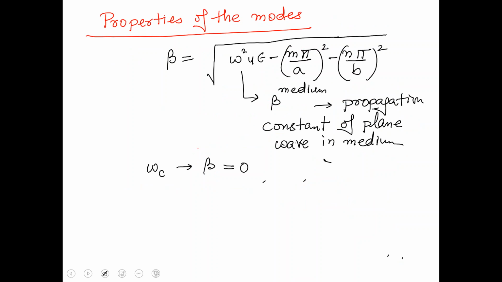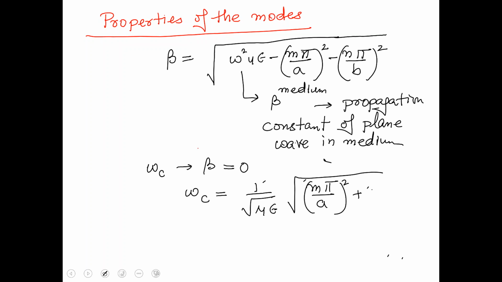So beta is equal to 0 at that point, and we know omega c is going to be given by 1 by square root of mu epsilon times square root of m pi by a square plus n pi by b square.